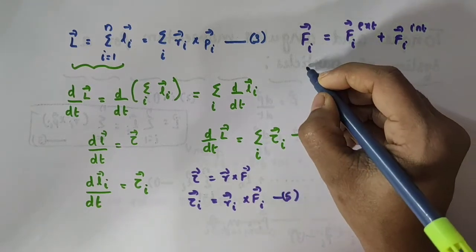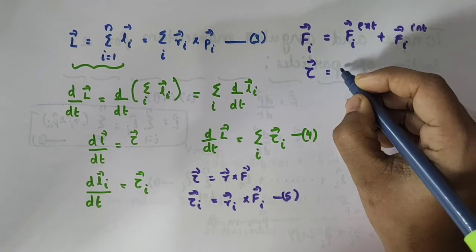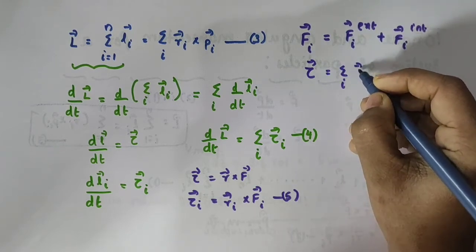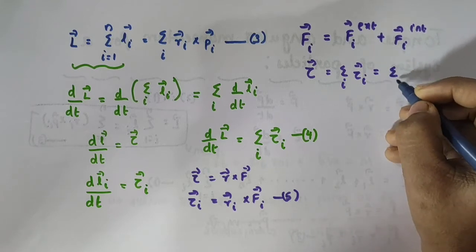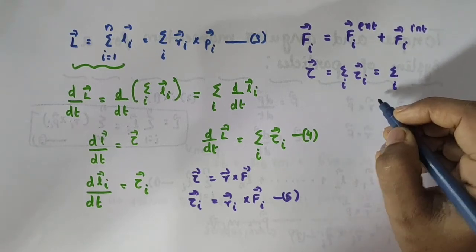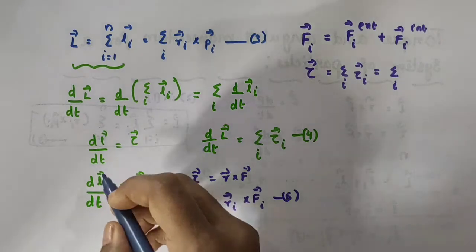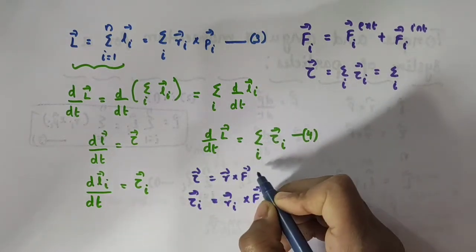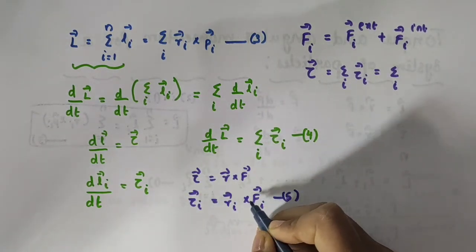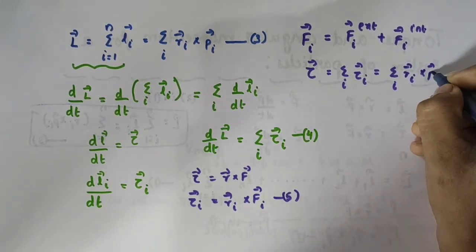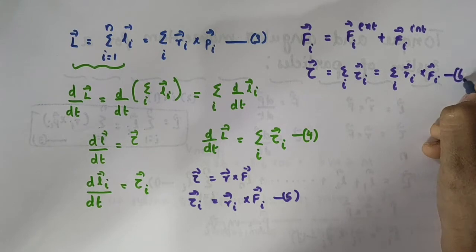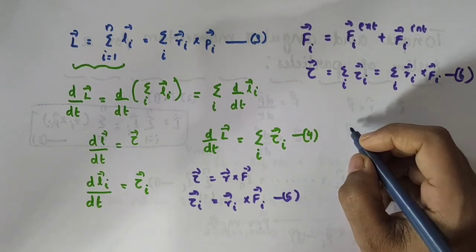So the total torque vector tau can be written as the summation over i of vector Ri cross vector Fi. I am taking this as equation number 6.